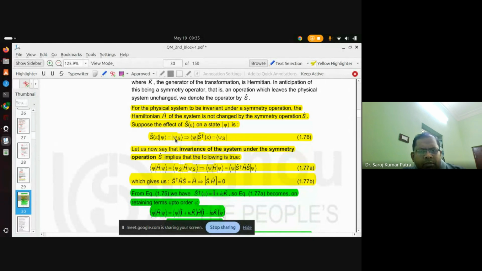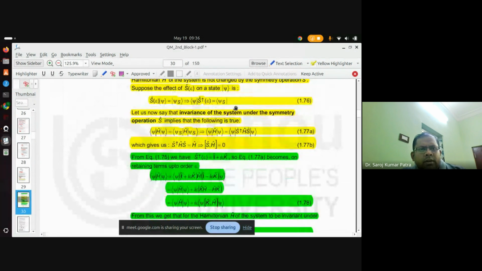Now, if we take the dagger, then psi S dagger will give rise to psi S. Let us now say that the system is invariant under the symmetry operation S. Then the expectation of the Hamiltonian, psi H psi, will equal psi S H psi S, because the right one is the transformed one and the left one is the initial one.